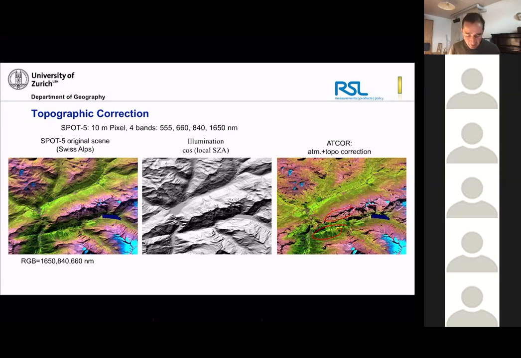The advantage of this illumination correction is, of course, you get the same brightness on all slopes, so you should get closer to a bihemispherical reflectance or spectral albedo. Otherwise, the brightness would disturb certain analysis methods.